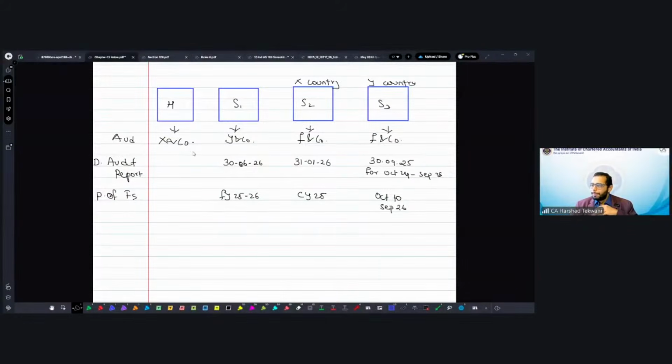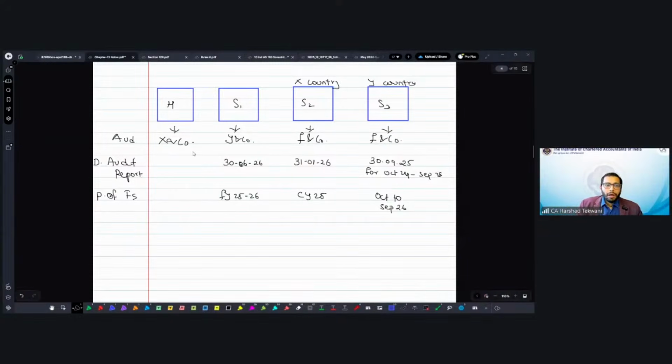Now, how will you apply the subsequent events here? What is the period that you will consider from the date of financial statement to the date of audit report?